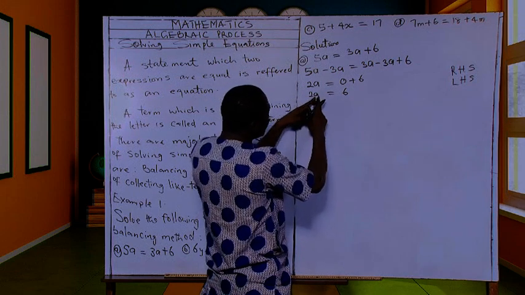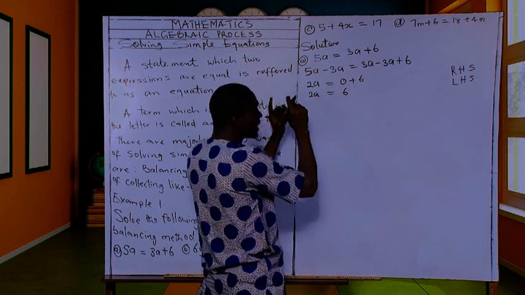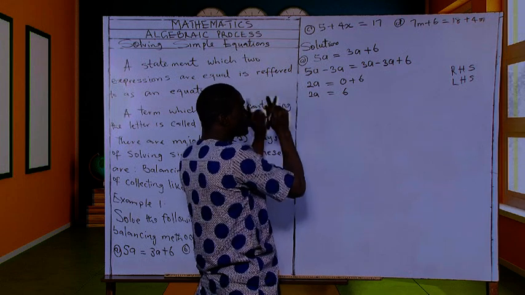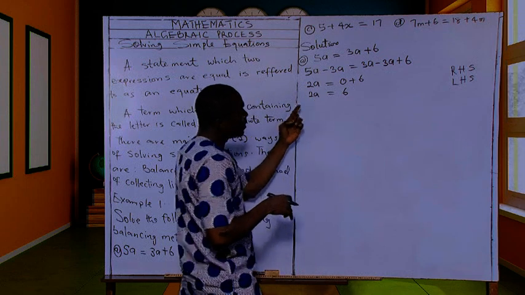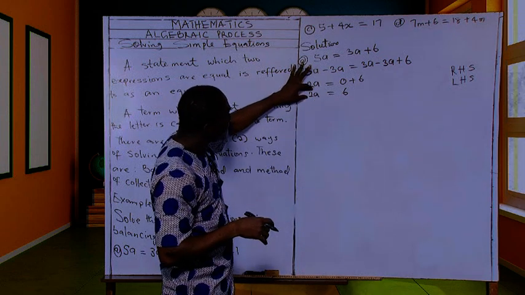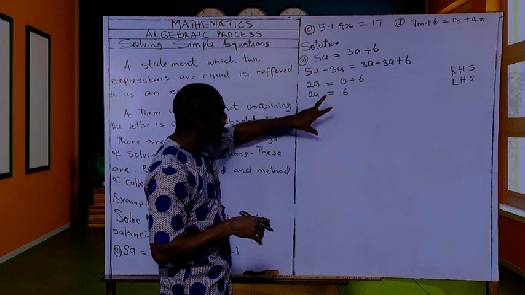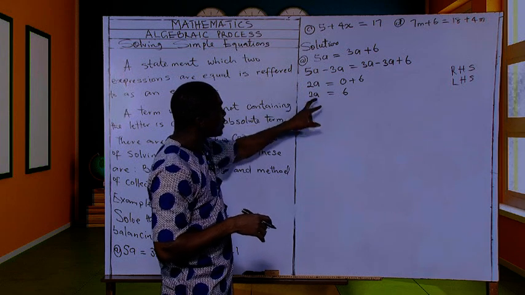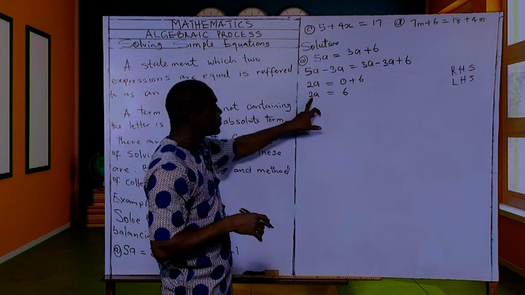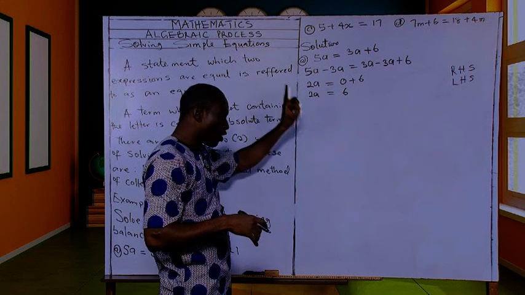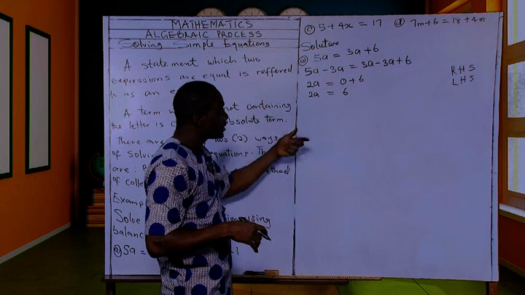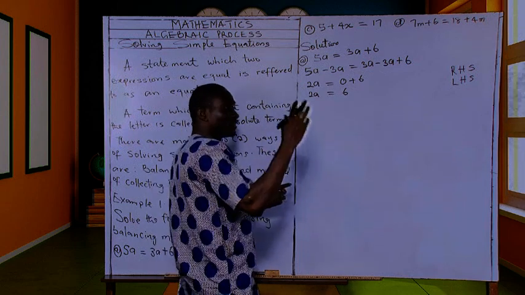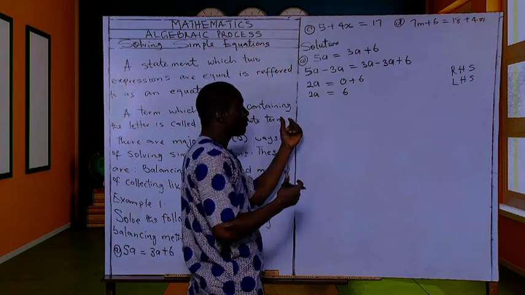But this a is not standing alone. 2 is standing in our way to find the value of a. Then we ask ourselves, what relationship is 2 having with a? 2 is multiplying a. Because 2 is multiplying a, you carry out the opposite operation, that is division. Division is the opposite of multiplication.